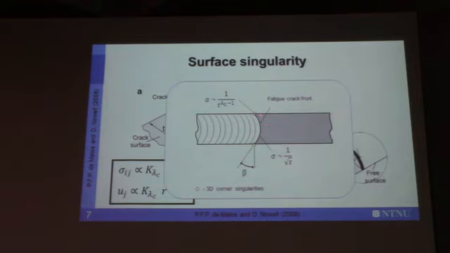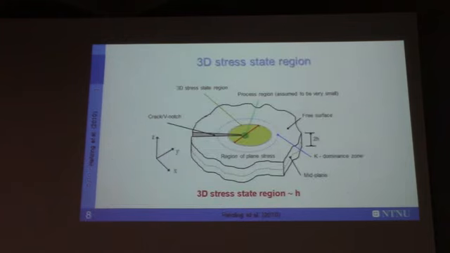Therefore, we will have a critical angle to obtain that condition. However, for brittle failure with 3D defects, 3D corner point singularities might also be important for the assessment of brittle failure.